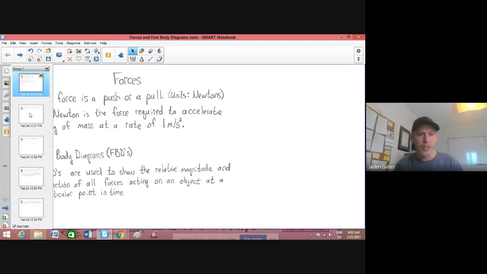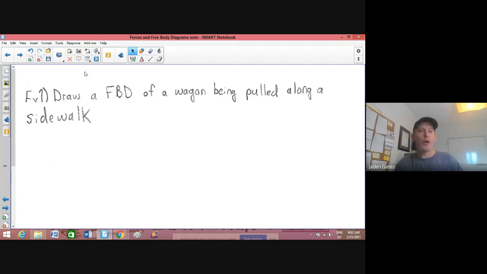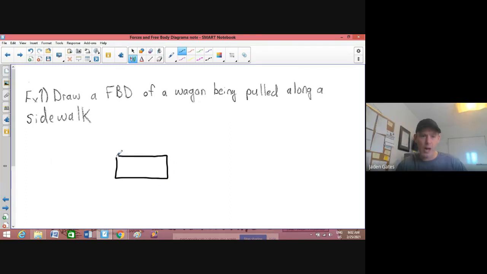All right, so for example, I want to draw a free body diagram of a wagon being pulled along a sidewalk. So here we're going to look at a few of the forces. Now here's the best part for me, because I am absolutely terrible with art, is that I draw every object when I'm drawing a free body diagram as a block.